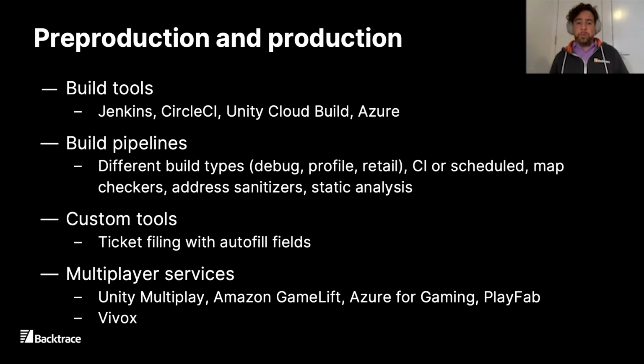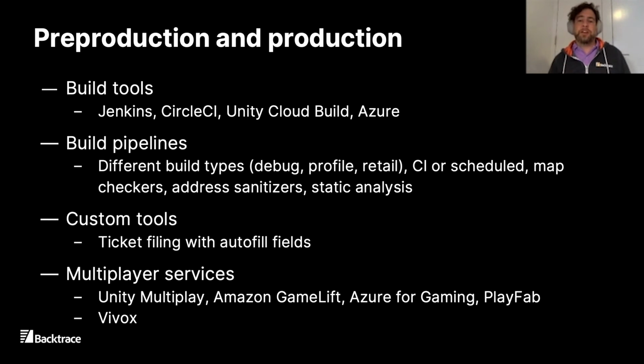As builds are generated, we'll see things like tools that are used in the build process to check to see how complete it is. So this is where things like map checkers, address sanitizers, other build pipeline tooling that's suggested by folks like game console vendors, such as static analysis tools that should be run. All of these can be done throughout the build pipeline so that you can generate not only a build that's playable, but also make sure that you're testing things as it's getting built and capturing errors as early as possible.